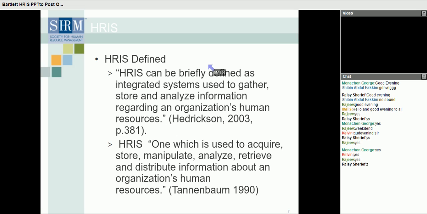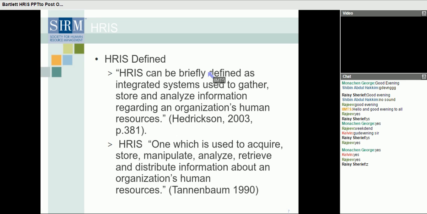So HRIS is defined. HRIS can be briefly defined as an integrated system used to gather, store and analyze information regarding an organization's human resources. One which is used to acquire, store, manipulate, analyze, retrieve and distribute information about an organization's human resources.